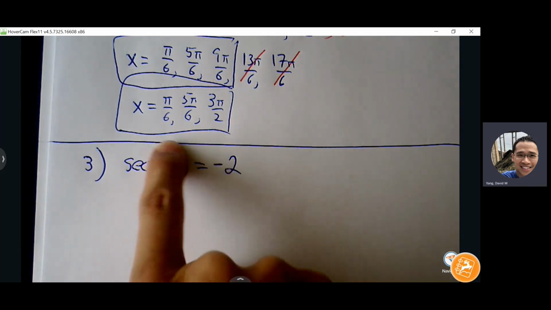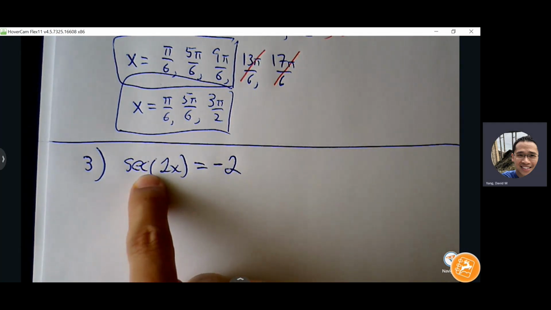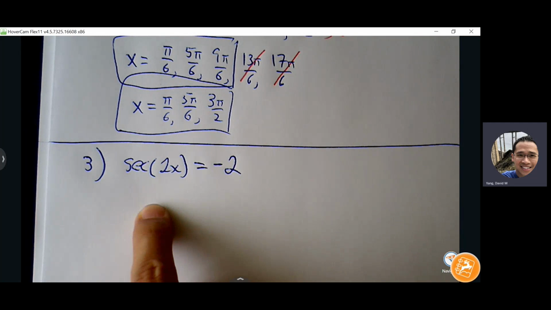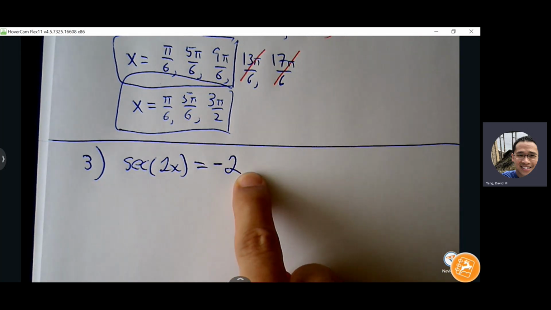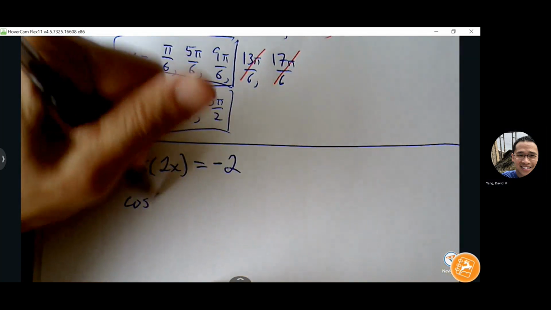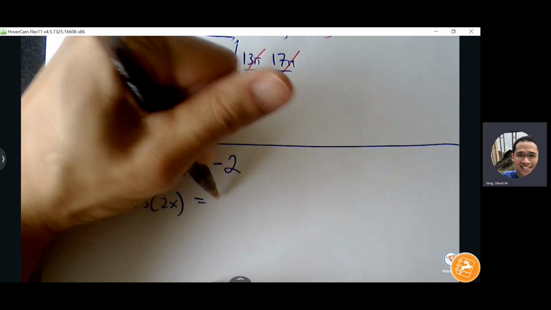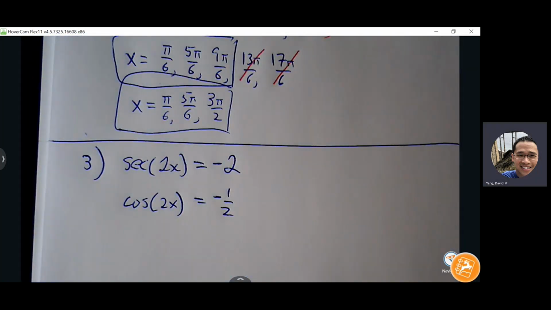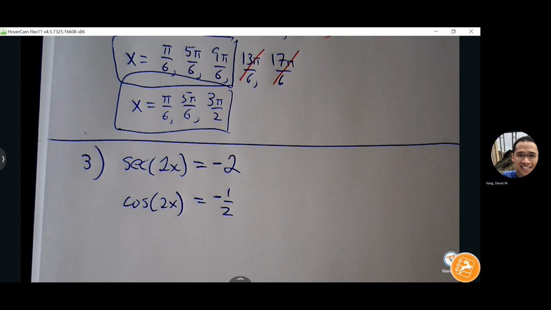So the reciprocal of secant of 2x is cosine of 2x. What's the reciprocal of -2? 1 over -2. So what if I just flip both? Then it feels more familiar because whatever I do to one side, I can do to the other side. So 1 over secant 2x equals -2 over 1, which if I flip both sides, I get cosine 2x equals -1/2.